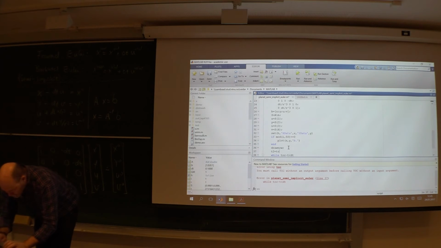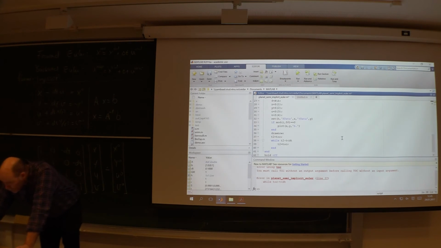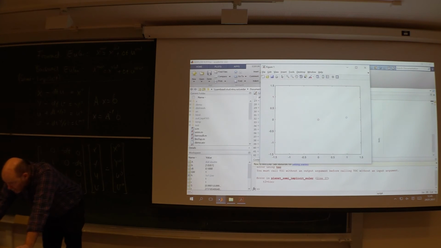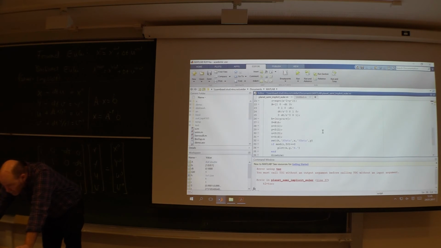T2 equals toc, while T2 minus T, T2 equals toc. Maybe that one would do the trick. No, we didn't like that one either. Without an output argument before calling toc.